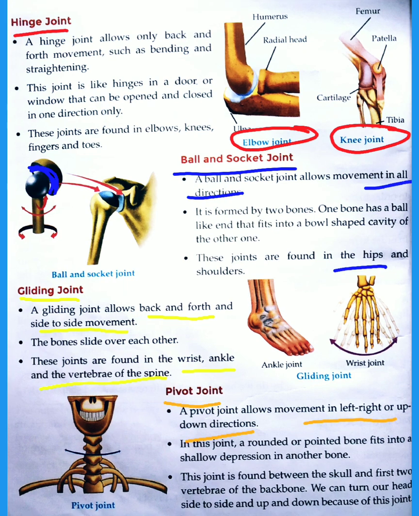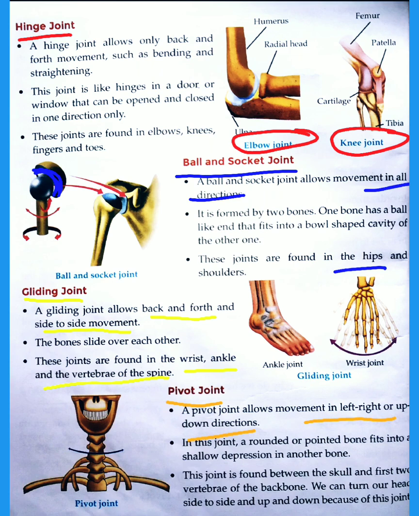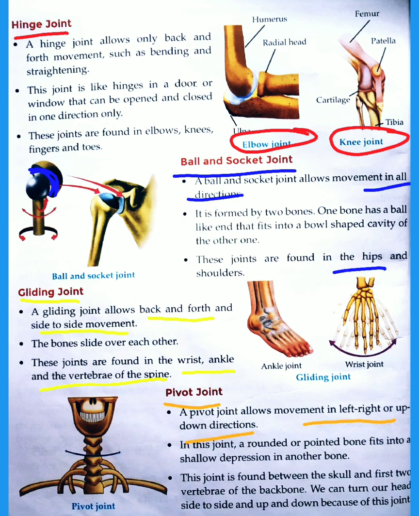This joint is found between the skull and first two vertebrae of the backbone. Because of this joint only we can turn our head side to side and up and down. Here a rounded, or we can say a pointed, bone fits into a shallow depression of another bone.